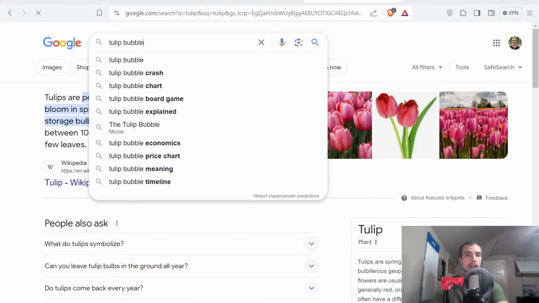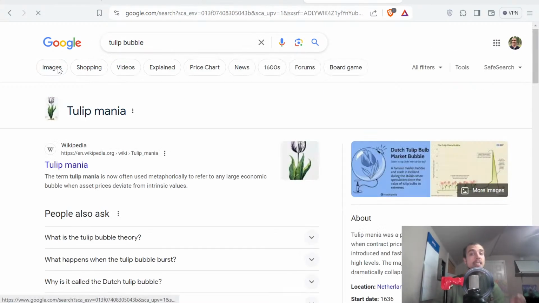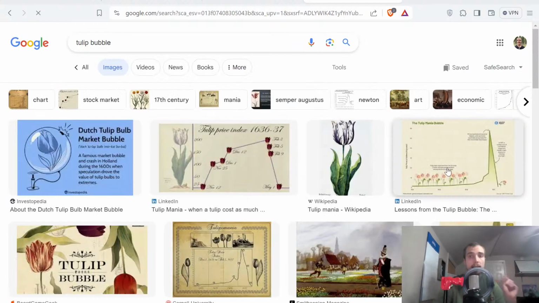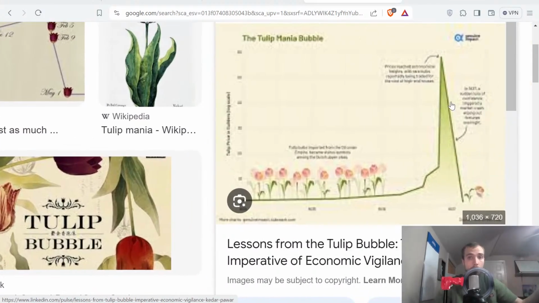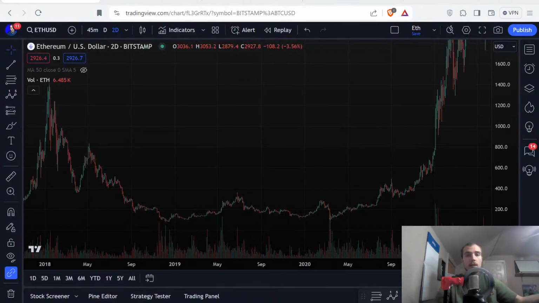Tulips went insane just for seeds. To buy a seed of a tulip went insanely high in value. Why? Because people got emotionally excited about tulip seeds. It created a bubble. So it doesn't have to have a real world use case to go up in value.